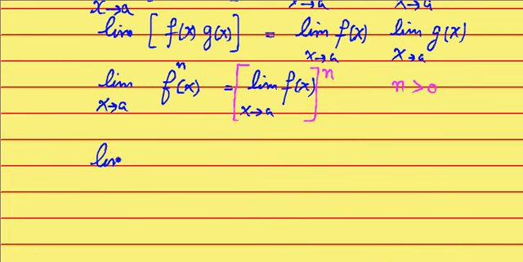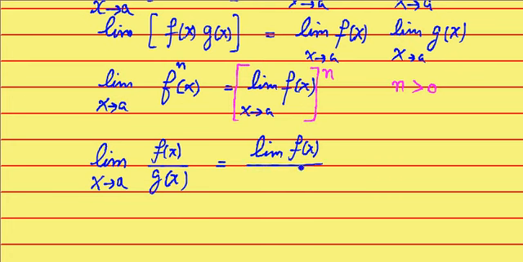Finally, if you have f of x divided by g of x, and then you're taking a limit, you might as well find each of the individual limits and divide later. The only thing you need to worry about is to make sure that the limit of the denominator is not 0.